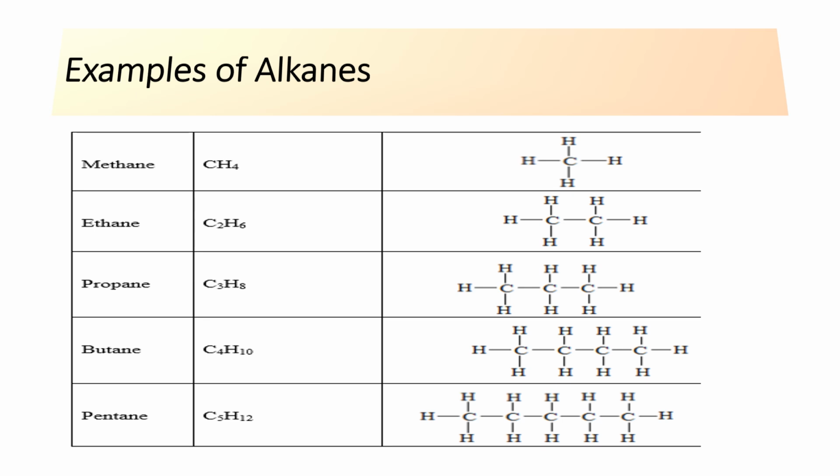We have methane, then the chemical formula and structural formula, then ethane, the chemical formula and structural formula, then propane, butane, and pentane. These are the first 5. This is how they will look.